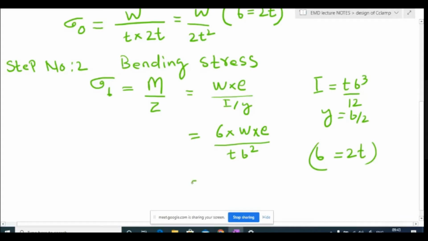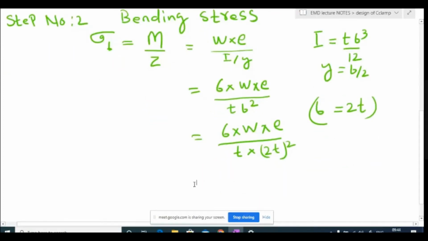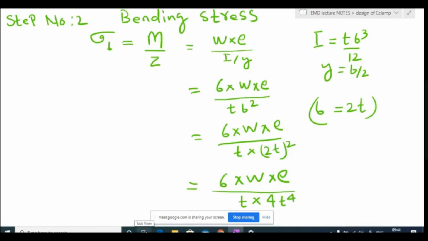So we will substitute values here. 6 multiplied by W multiplied by E upon T, T will remain the same, and the value of B is 2T the whole square. So now it will become 6 into W multiplied by E upon T multiplied by 2T. So it will become 4T raised to 4. Correct?